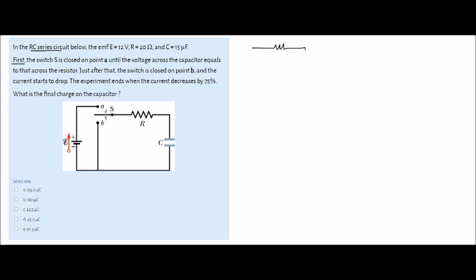We have this kind of circuit. First step, RC, that's by the way point A, that's the EMF E. So we continue this charging until the voltage across the capacitor equals the voltage across the resistor.